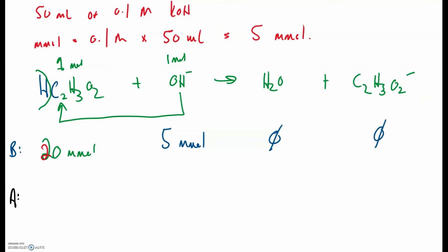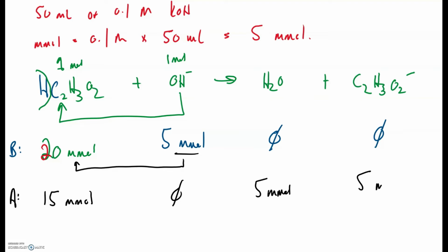After the reaction, these 5 millimoles have neutralized 5 millimoles of our acetic acid and leave 15 millimoles. There's no more hydroxide because they've all gone into making the water, and because there were 5 millimoles of hydroxide, they've made 5 millimoles of water and 5 millimoles of acetate.